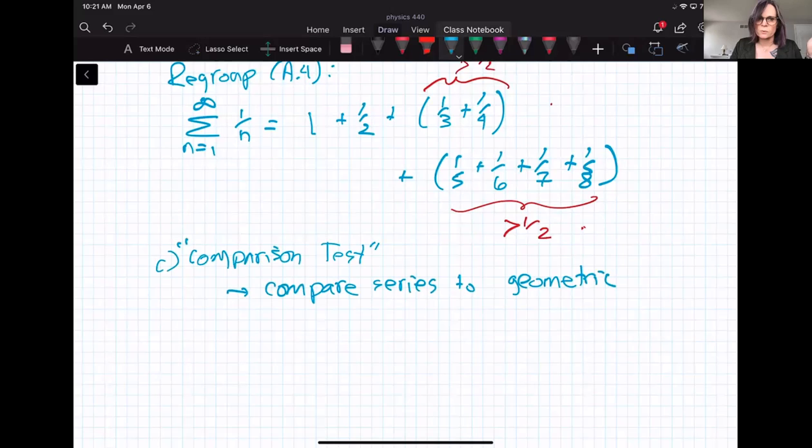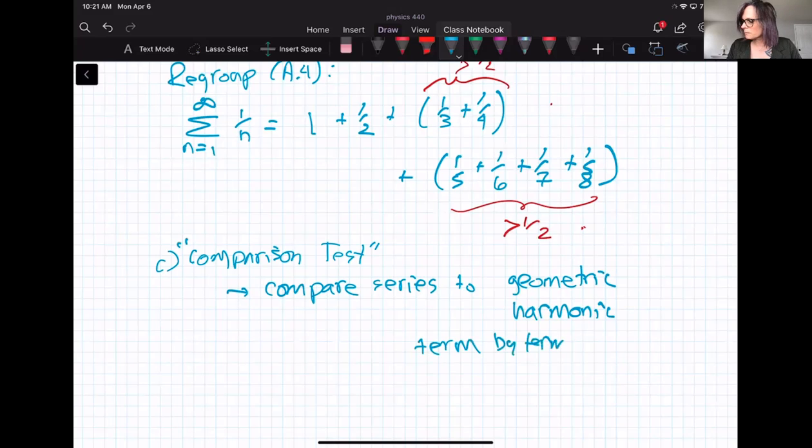We can use others once we know others, and the harmonic series. And we can do that term by term. If term by term it is less than the geometric series, it converges. If term by term it is greater than the harmonic series, it diverges. Okay?